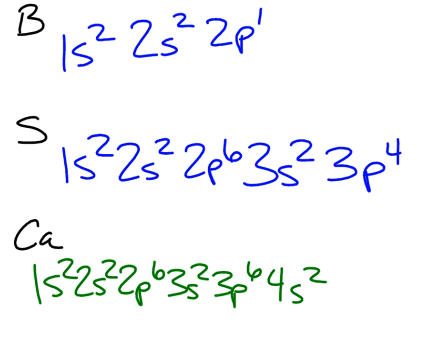It should be noted that you can shorten this up. There's the long electron configuration, and then there's also the shorter electron configuration. For example, let's take a look at sulfur.